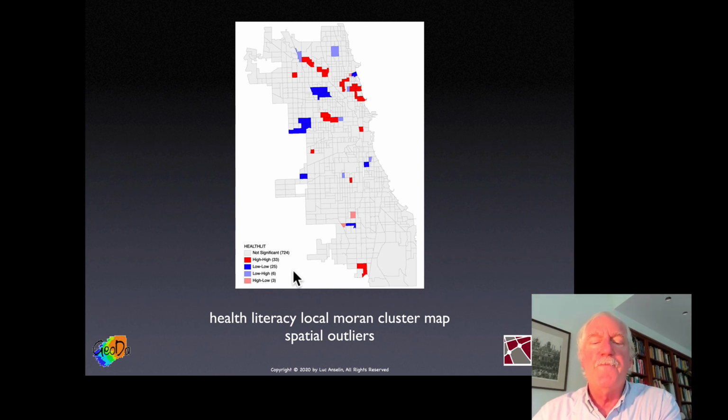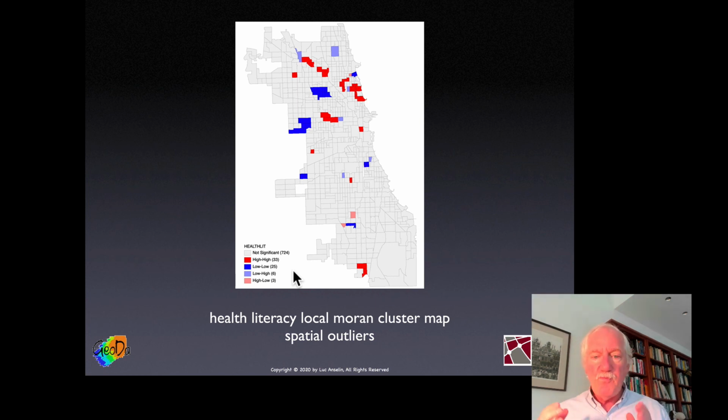So that piqued my interest to see, well, what if we take a more extreme view, and to what extent are these high-lows and low-highs things that are happening near the intersection of the axes in the Moran scatter plot, but to what extent are they really extremes being next to each other, which would be real spatial outliers.